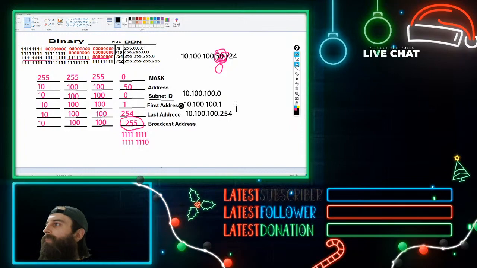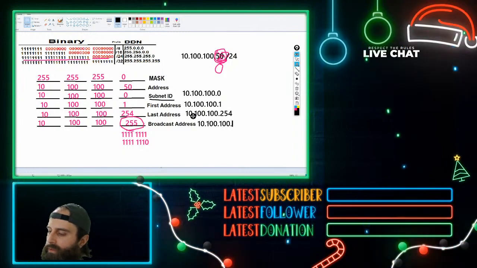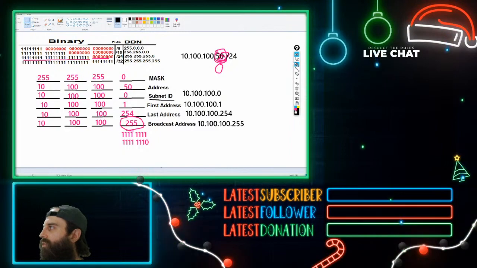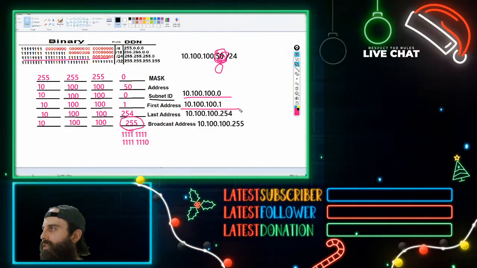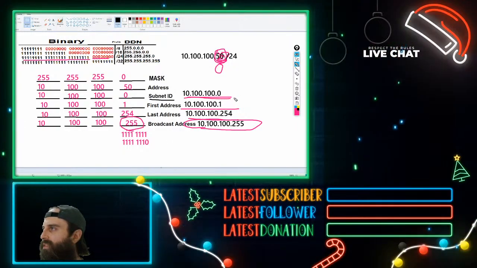Our broadcast address is 10.100.100.255. So what we've done is we found our subnet ID, our first address in that range, our last address in that range, and then the broadcast address for that subnet ID.